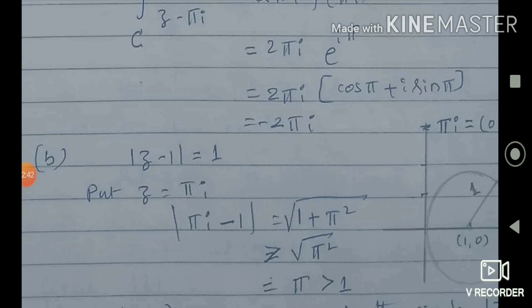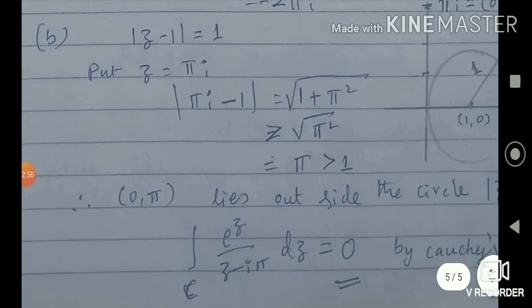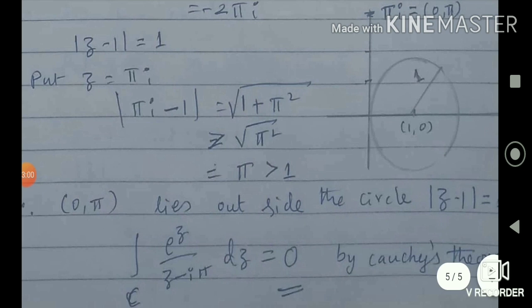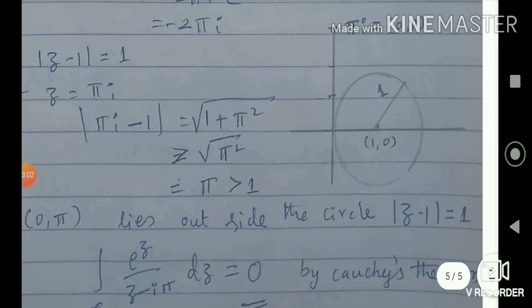We will get an answer which is greater than root of pi squared. That means the square root of 1 plus pi squared is surely greater than pi, which is greater than 1, and hence the point (0, pi) lies outside the circle mod of z minus 1 equal to 1.